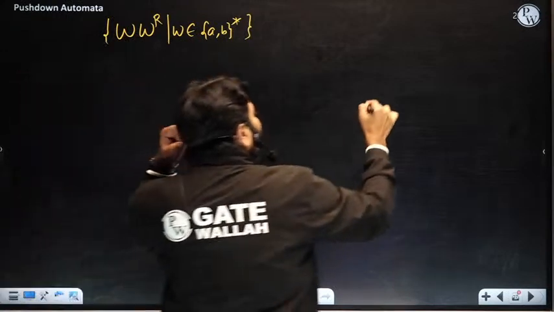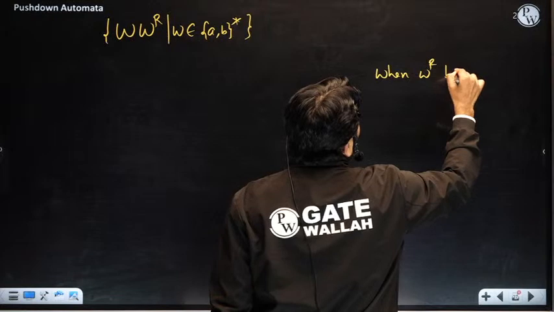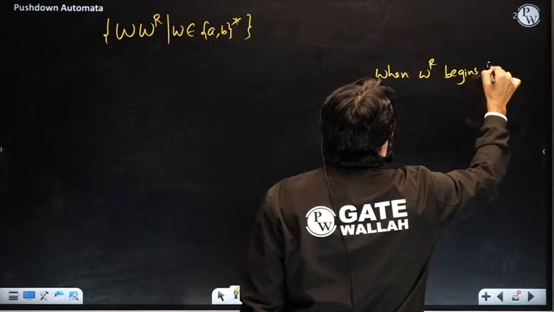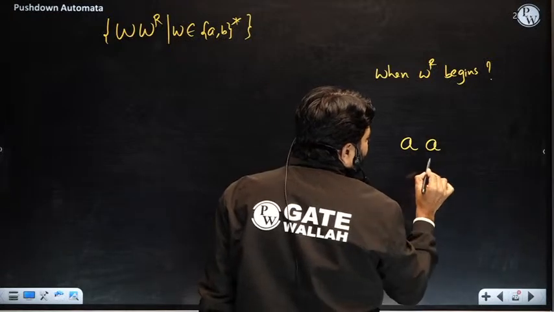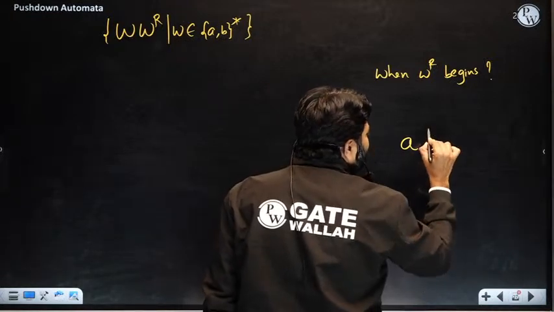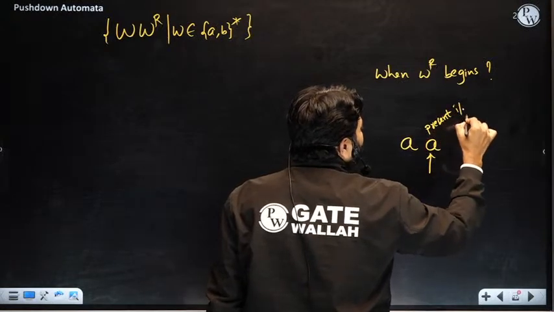See, when W power R begins, how do you know that? There is a slight logic. This is the present input, right? And this is the previous input.